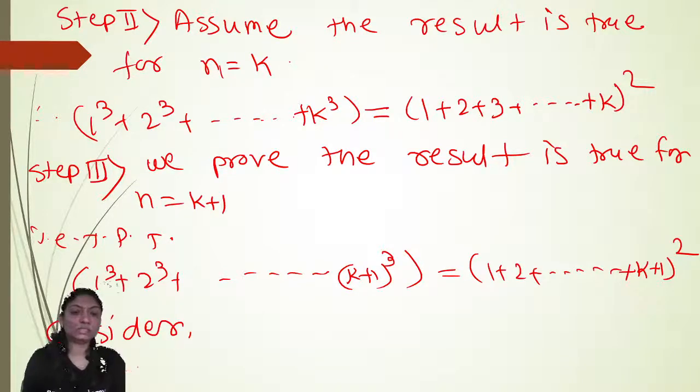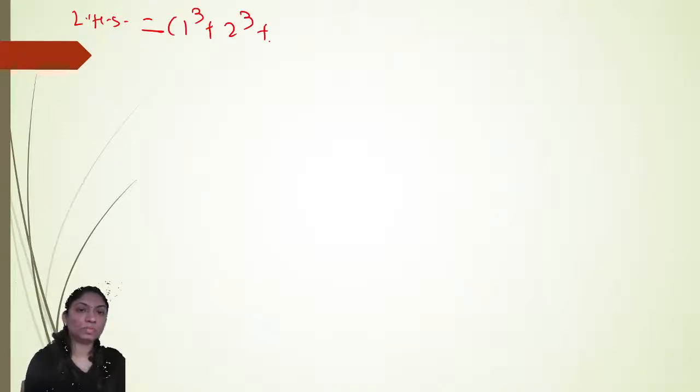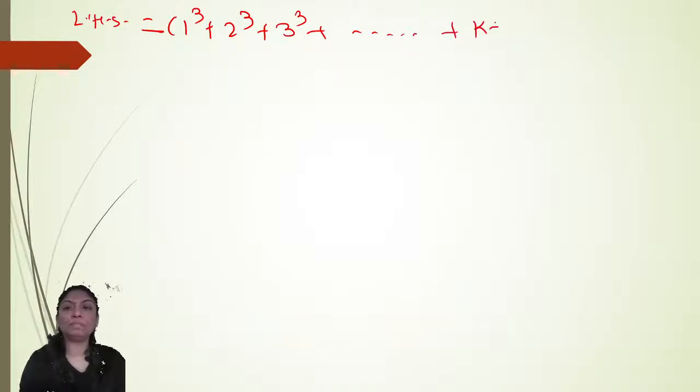So we will consider here the LHS equal to 1 cube plus 2 cube plus 3 cube and so on plus (k plus 1) bracket cube, but before that the term is k cube, right?